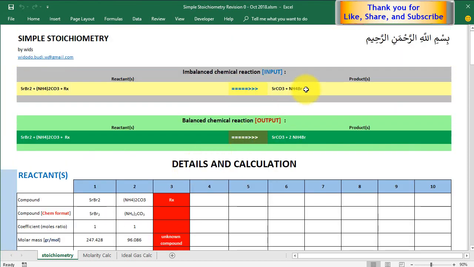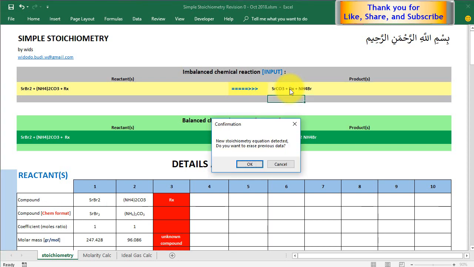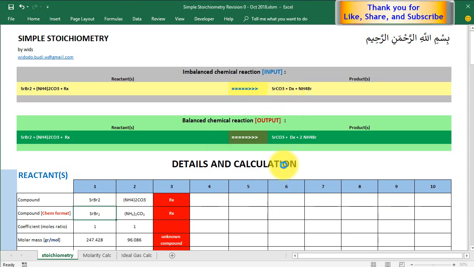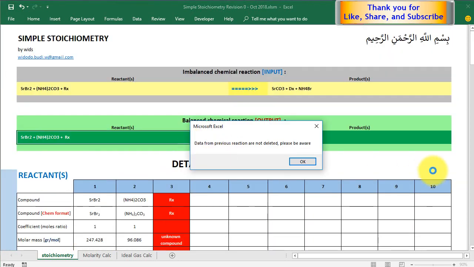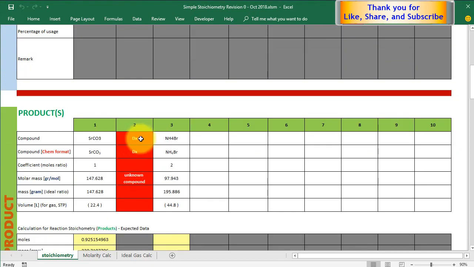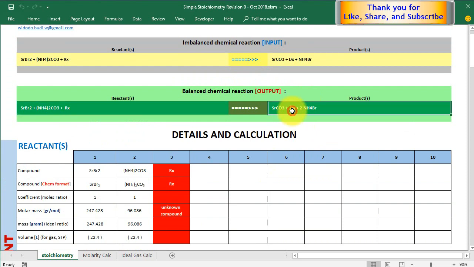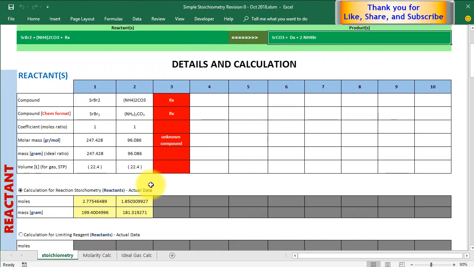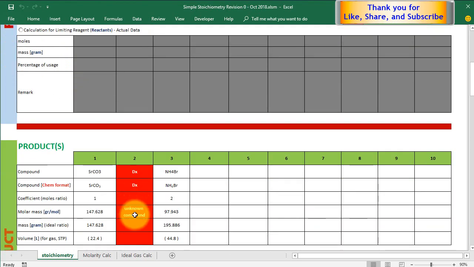Nothing happened. Also, if we have in the middle, for example, Dx. What is Dx? Okay, enter and cancel. And the product is Dx, like here, Dx, Dx, and Dx, but still an unknown compound.